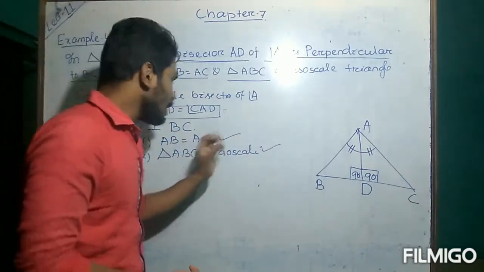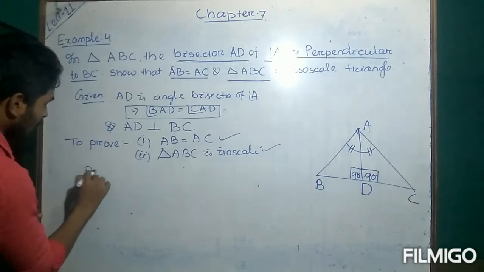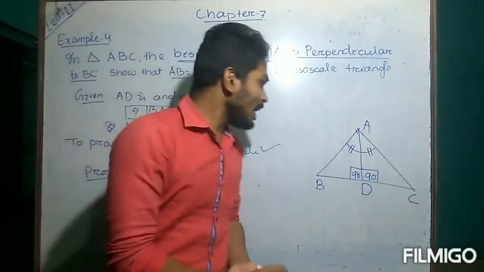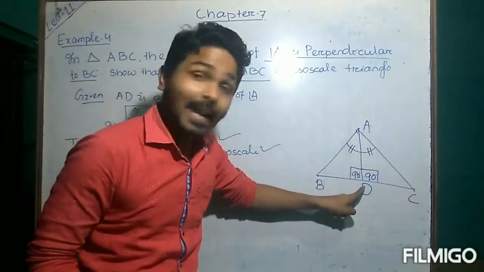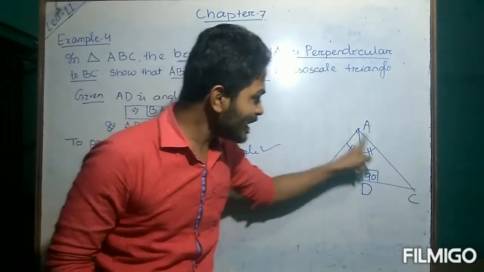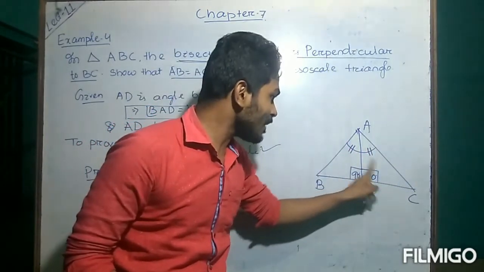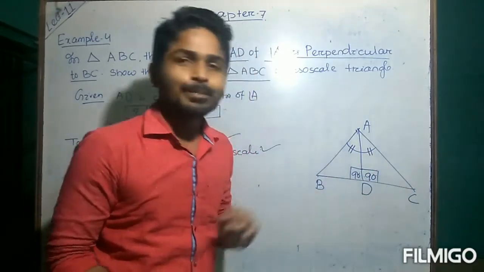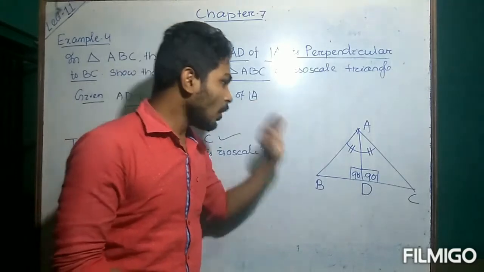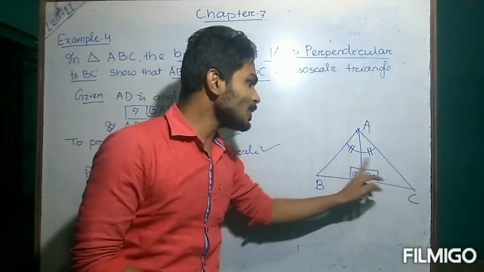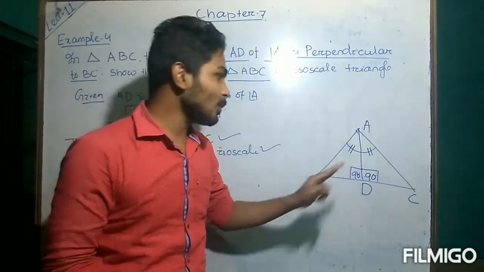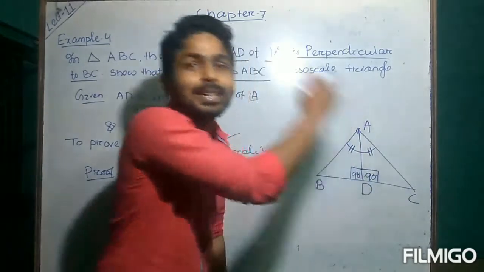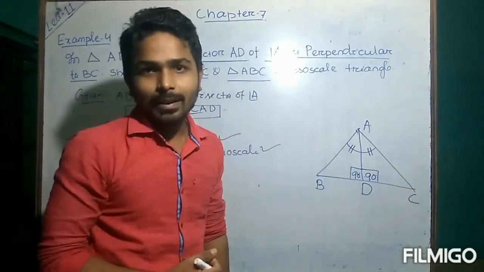Let us first prove the first statement. Proof. Whenever we draw the angle bisector AD, the total triangle ABC is divided into two small triangles, ABD and ACD. If we can show that these two triangles are congruent, then we can write that their corresponding sides are equal.